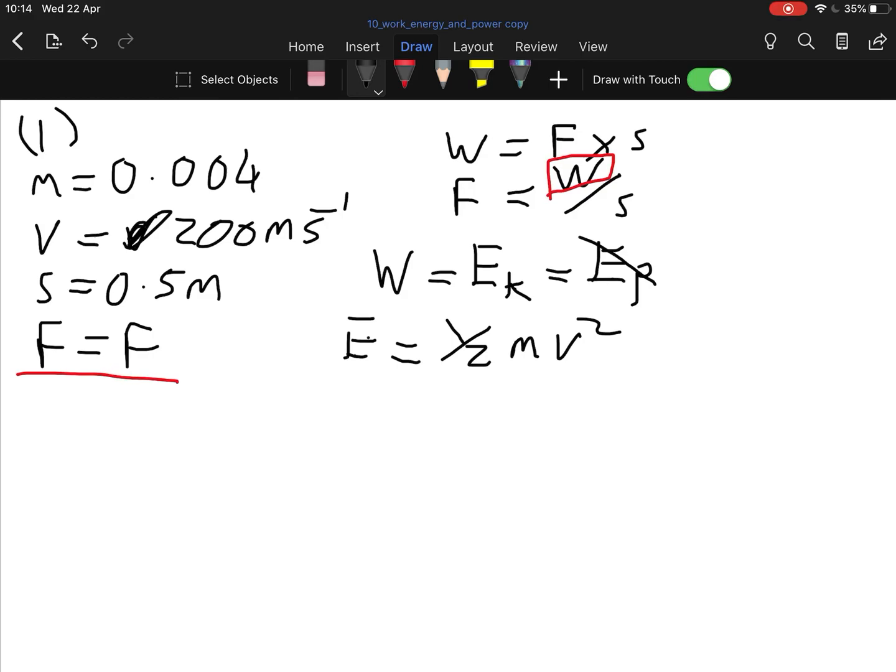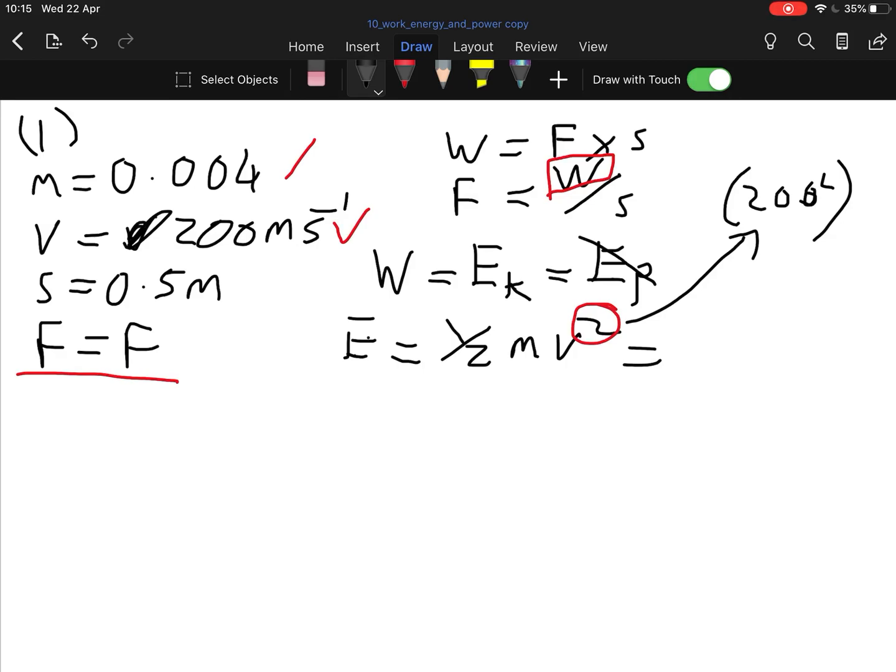A half mv squared. Do we have enough information? We have the mass, we have the velocity. Put in your mass of 0.004, your velocity of 200 meters per second, and don't forget what a lot of people forget to do, squared V. When you put that into your calculator, please go bracket 200 squared, close bracket.